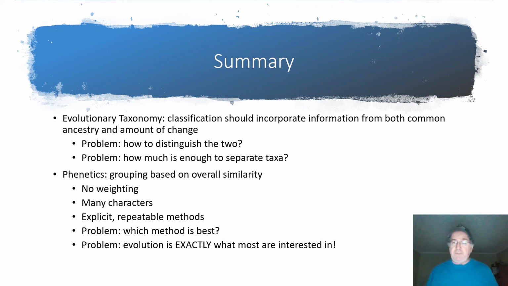Let me step back there about that many characters business. You often find classifications, especially in the older literature, where tremendous emphasis is placed upon one sort of character. For example, Fabricius, one of the classical, very important, very early insect taxonomists, put a lot of emphasis on insect mouth parts, where they had chewing mouth parts, piercing, sucking mouth parts, etc. A phoneticist would say, well, that's fine and dandy, but you're ignoring all the information from the rest of the body.